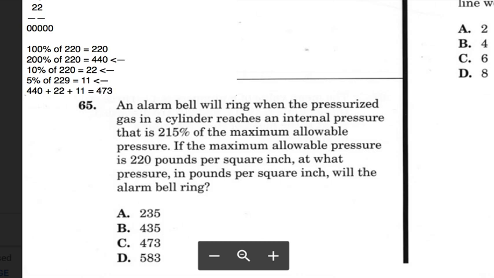So the answer for 65 would be C. It's just a straight up thing. It's really just mapping the English back and forth. Again, not terribly complicated. And I don't necessarily suggest doing the 215% the way I just did it here.